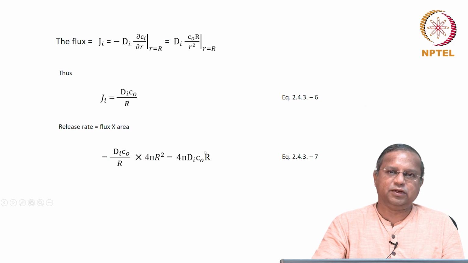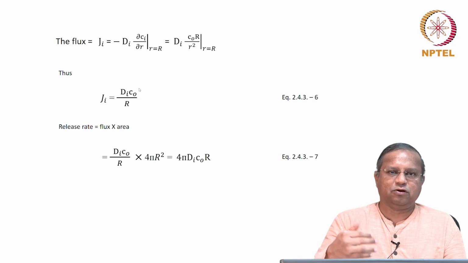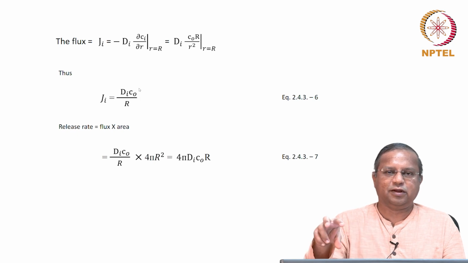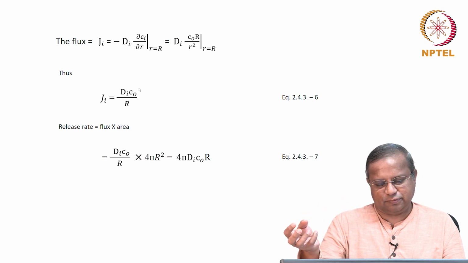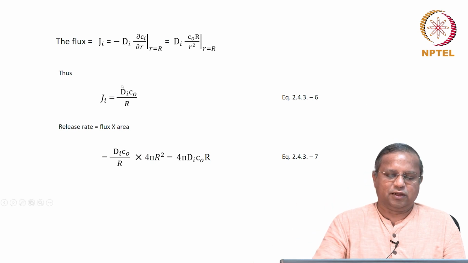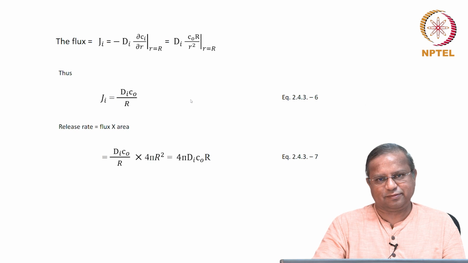To do this, we needed the concentration profile and the flux, both of which we found. So, this was an application of the material balance expression, the equation of continuity, to a spherical coordinate system. I think we should stop here in this class and continue with other aspects when we begin the next class. See you then.